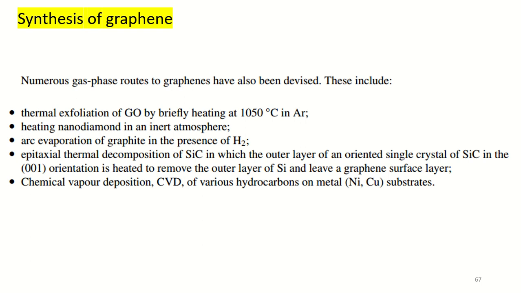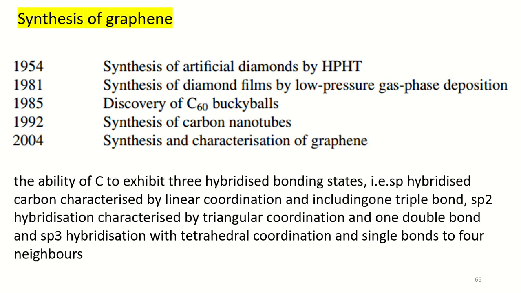So these are some important aspects of graphene and the different synthesis routes of graphene, with possible applications in chemistry as well as in physics.